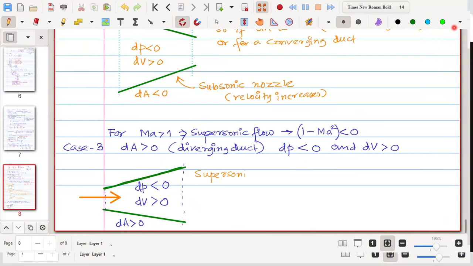Why supersonic? Because Mach number is greater than 1. Why nozzle? Because dV is positive.